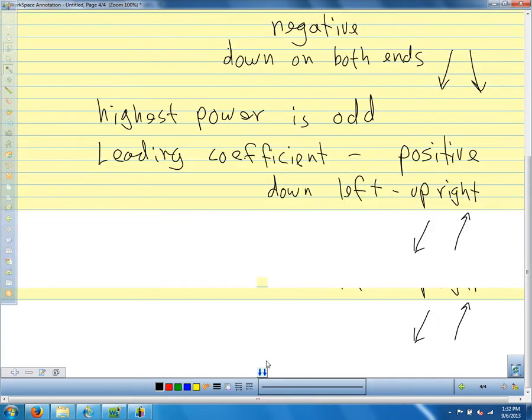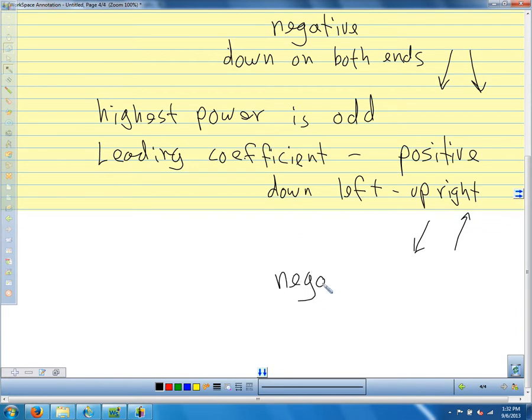And then it just flips if our leading coefficient is negative. It goes up on the left and down on the right. So eventually our graph of our polynomial function looks like this.